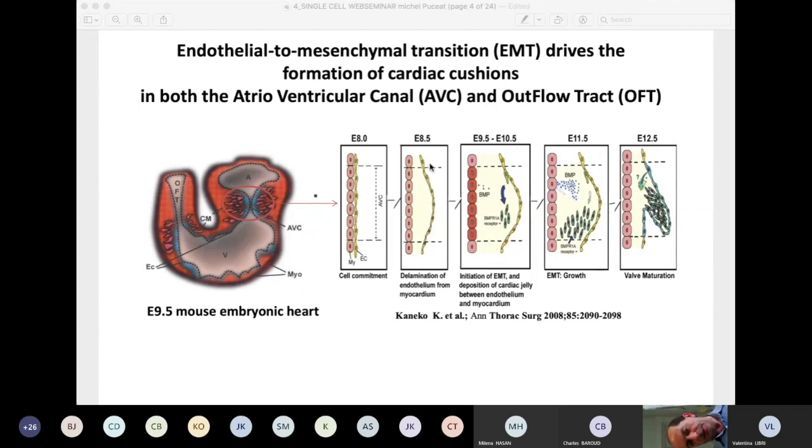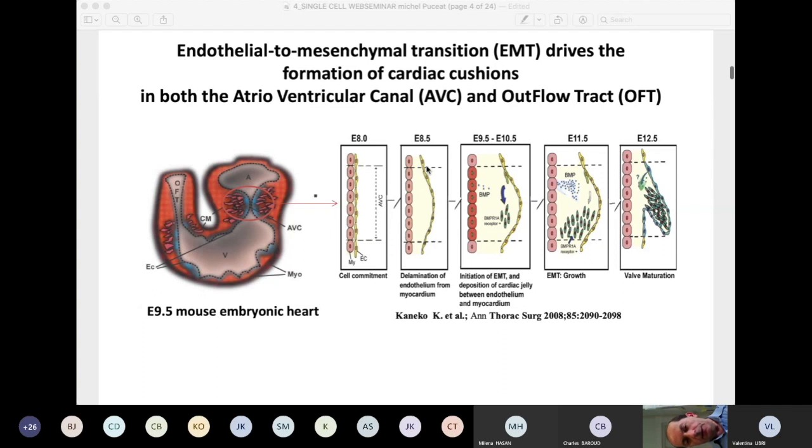So the muscle is between 2 endothelial layers. The endocardium is very important for the valve because at E8.5, E9, this endocardium is going to delaminate, to separate from the myocardium, which you can see on the slide in the third square.